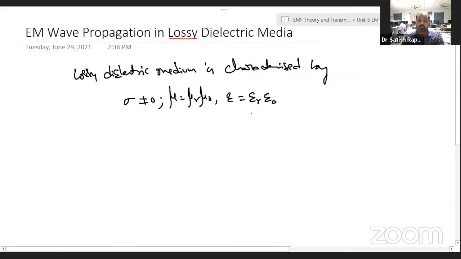So these are the characteristics, and according to these characteristics, we need to modify Maxwell's equations.